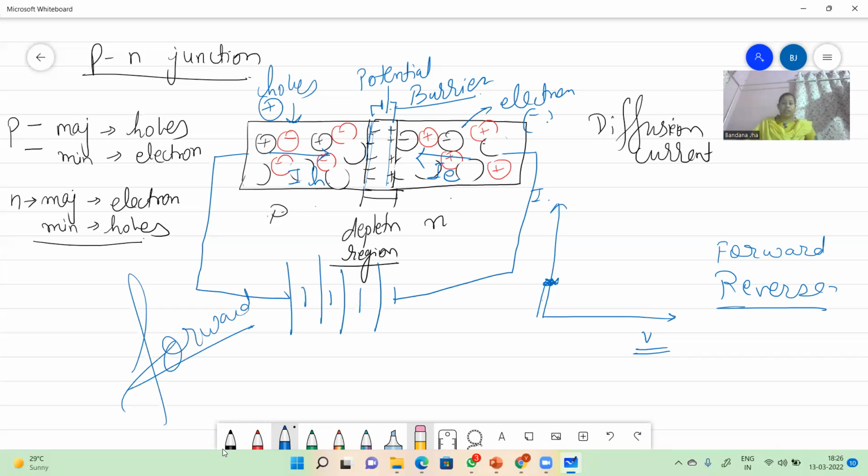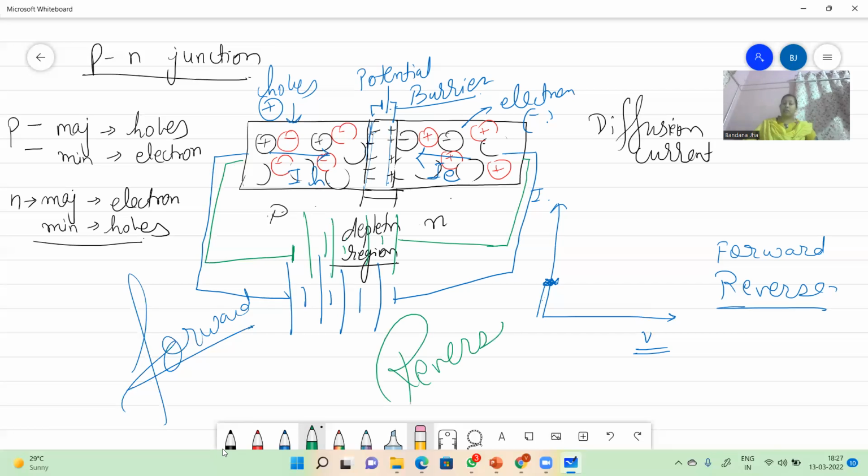And if I reverse it, so that the p-type is connected with the negative terminal and the n-type is connected with the positive terminal of the battery, then this type of connection is known as what? Reverse bias.